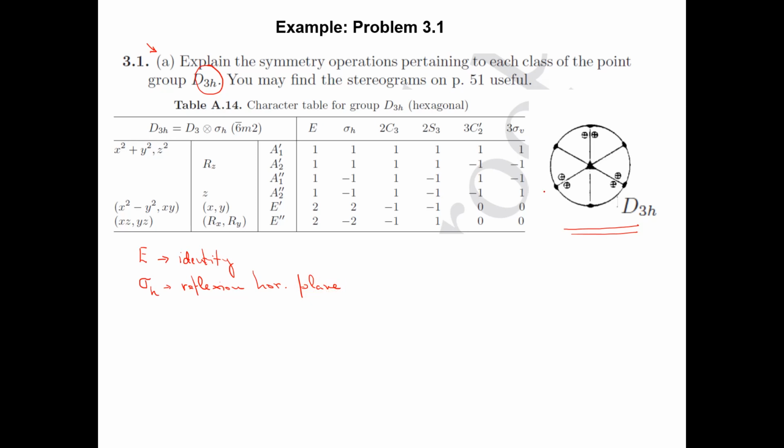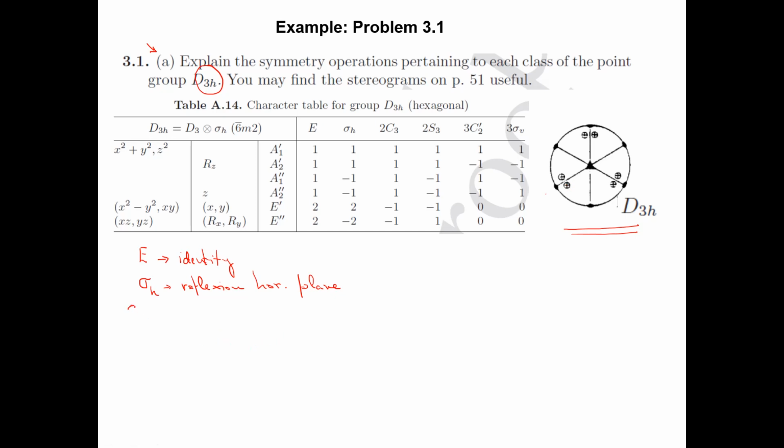Sigma h is actually the plane of the figure, so reflection through this plane takes the crosses into the open circles and vice versa.